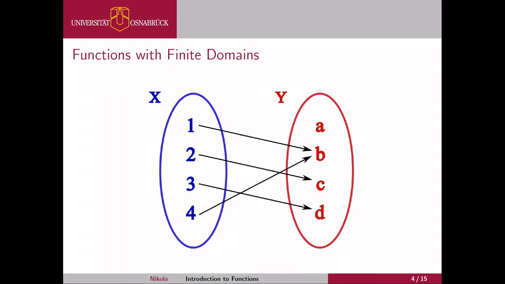And then if we look at y, there's many options. Every single element in y can either be reached once or twice or never, basically an arbitrary number of times.